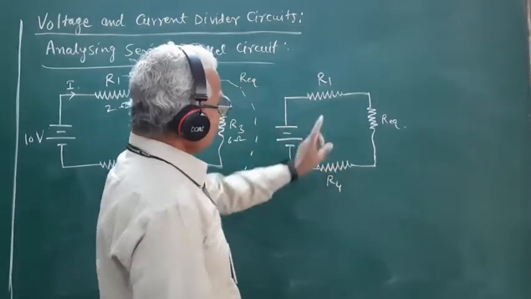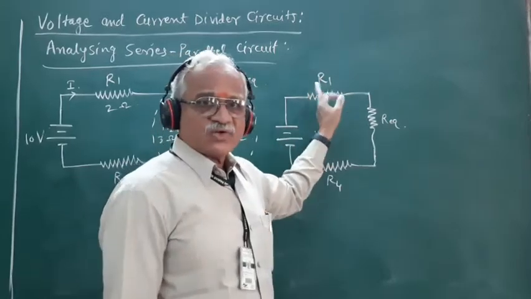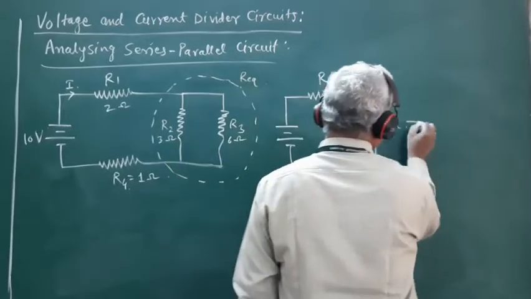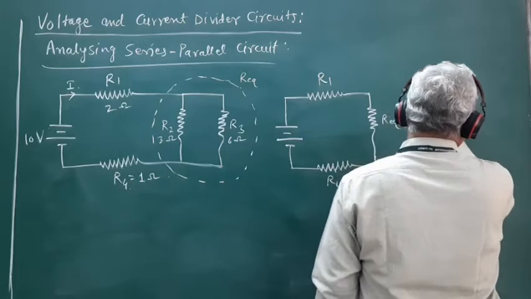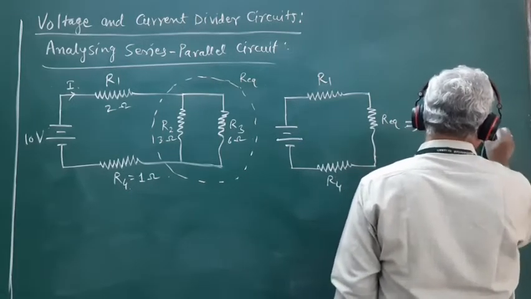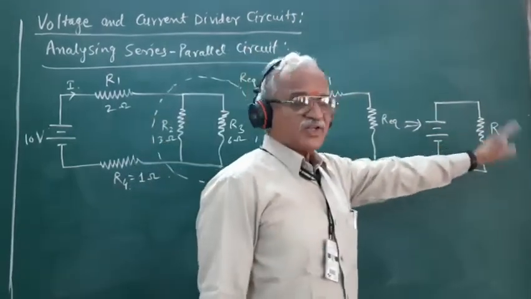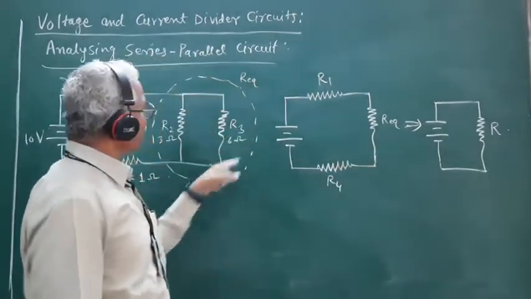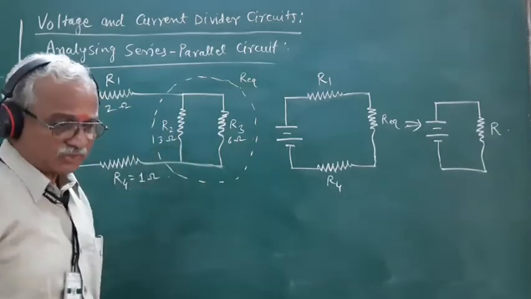Now again we can find the equivalent resistance of the series combination of R1, R equivalent and R4, and replace it by a single resistor like this. This R is equal to R1 plus R equivalent plus R4, and this R equivalent is the equivalent resistance of the parallel combination of R2 and R3.